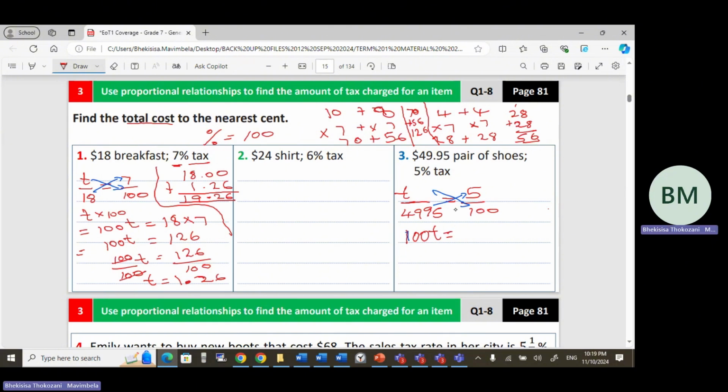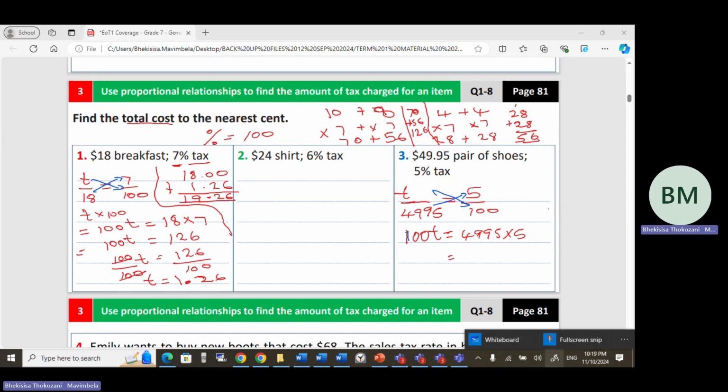Now, these numbers are big, huge numbers, right? So we need to say 4995 multiplied by 5. So that's a big number. So let's try to see how we can find the answer for that one.